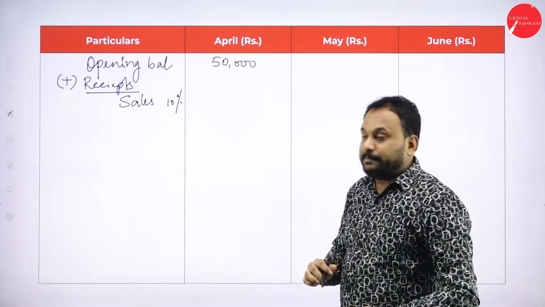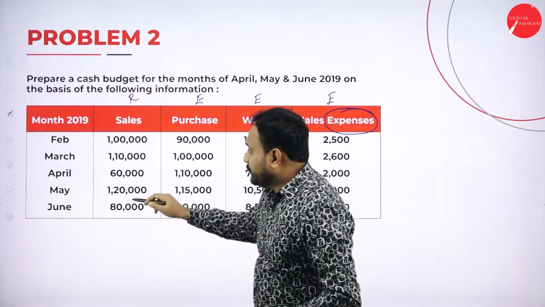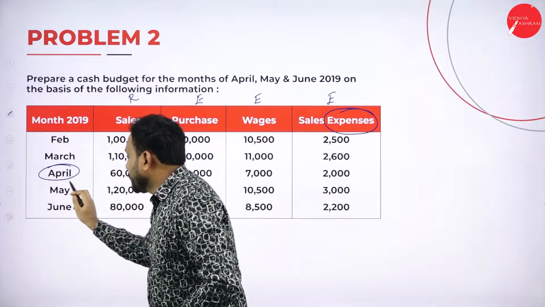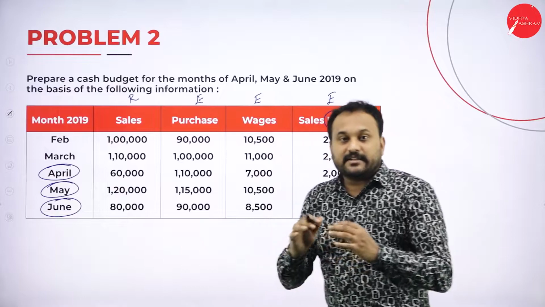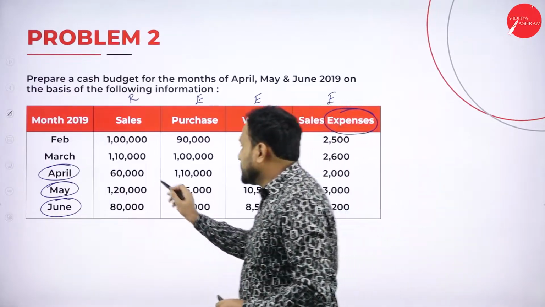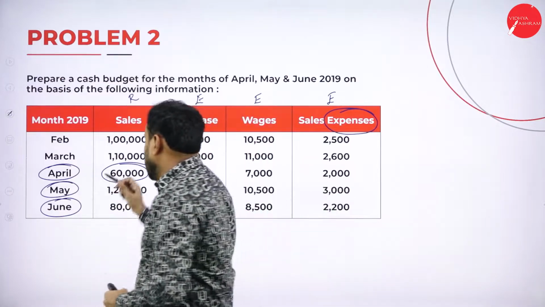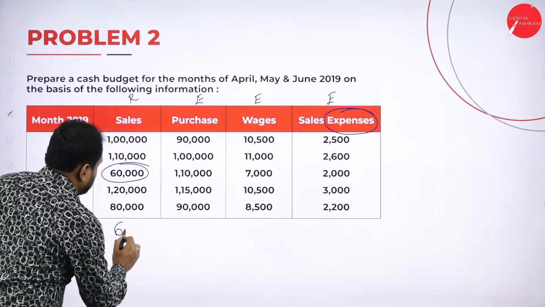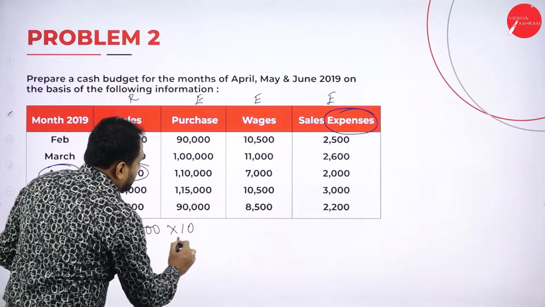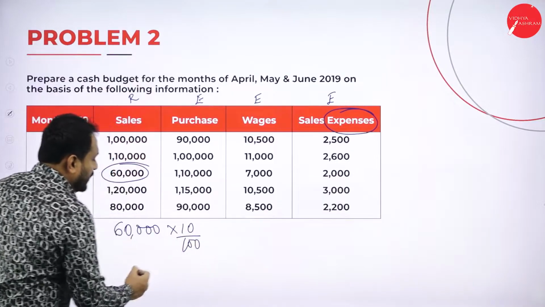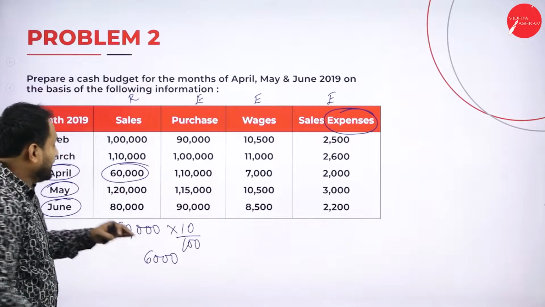They said that 10% I'll receive in the same month. So April is 60,000, and 10% is how much? 6,000. This is the working note. 6,000 in the same month.